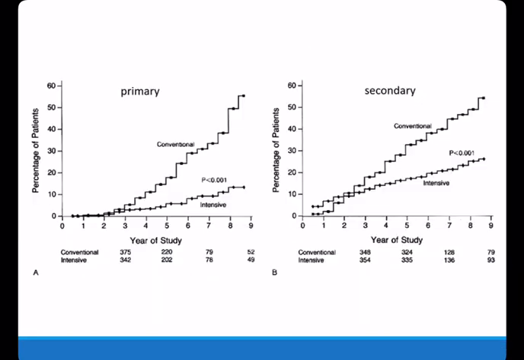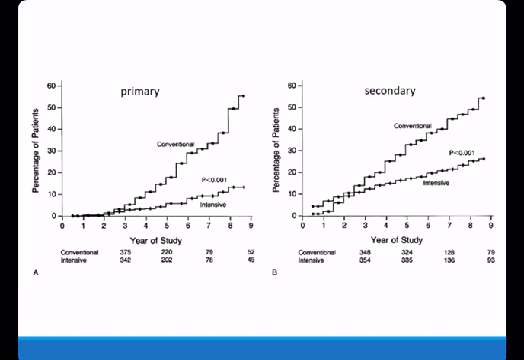During this follow-up, retinopathy developed in 23 patients in the intensive therapy group and 91 patients in the conventional therapy group. The incidence rate of retinopathy for the conventional therapy group was calculated to be 4.7 per 100 patient years of follow-up, and 1.2 per 100 patient years of follow-up for the intensive therapy group.